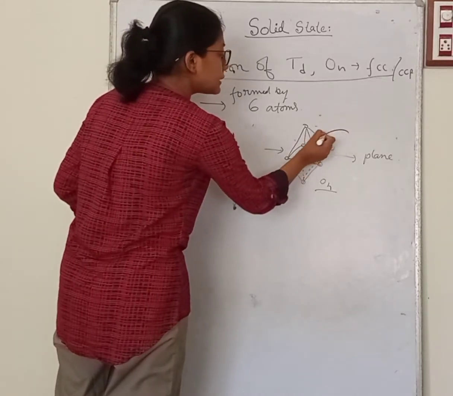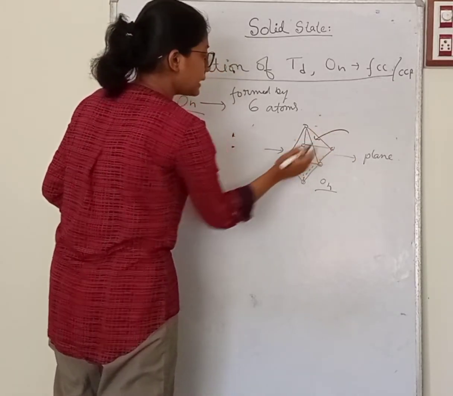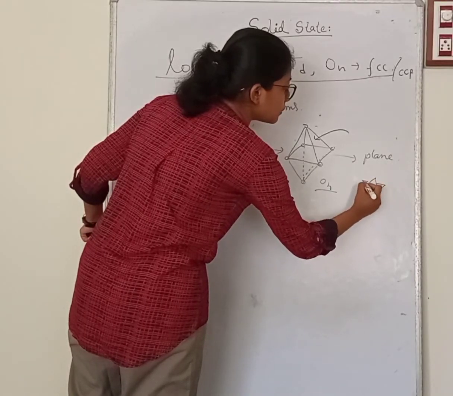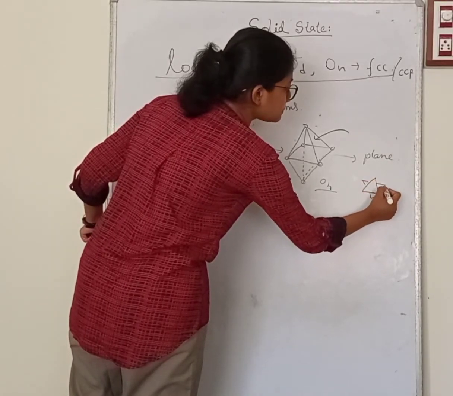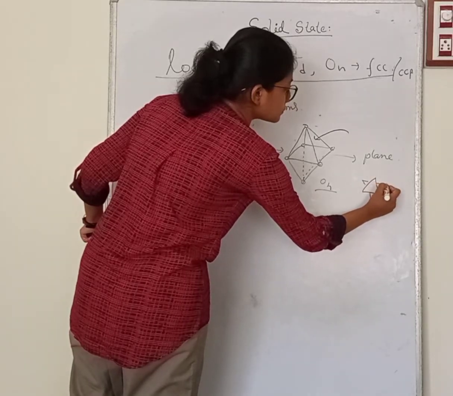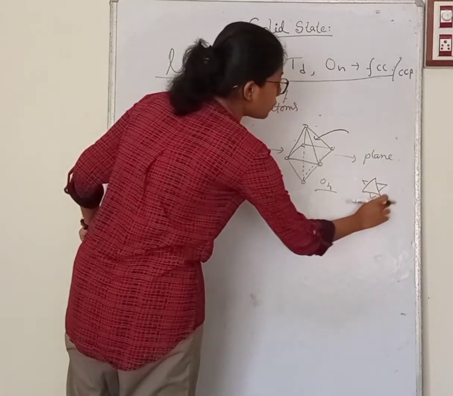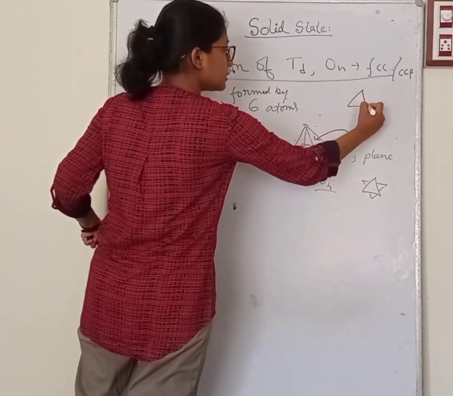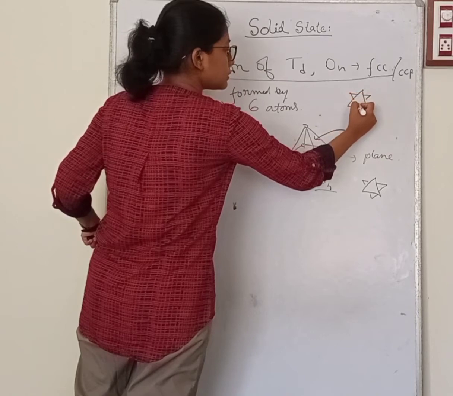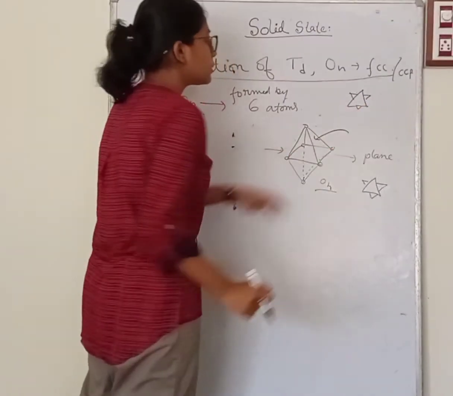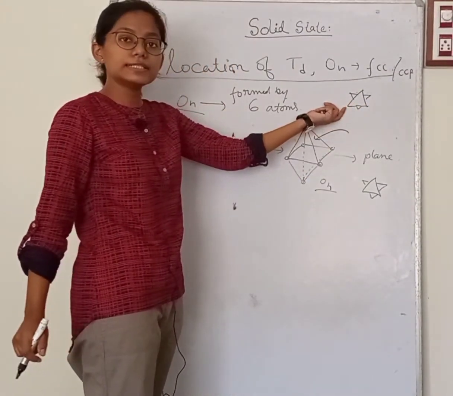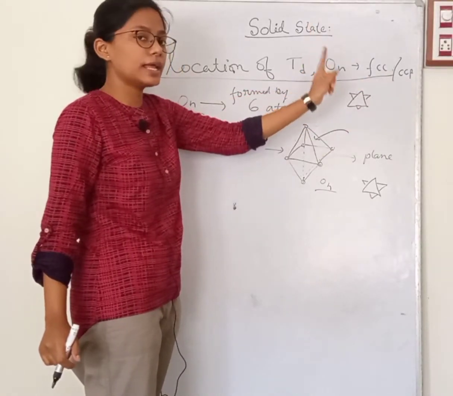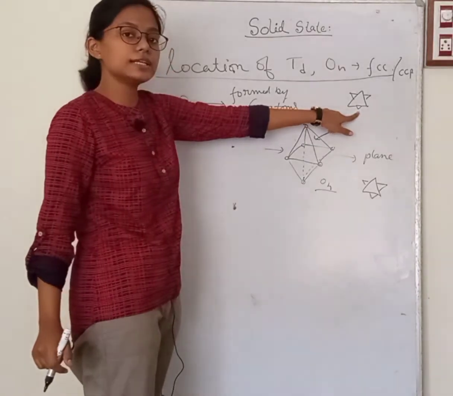If you look at this octahedron from this side, then we will get this star-like arrangement. We will see it like 2 triangles, in which the apex of one is upward and the apex of the other triangle is downward.